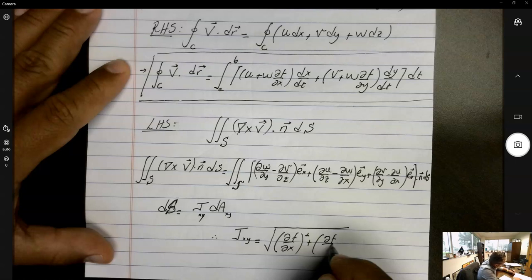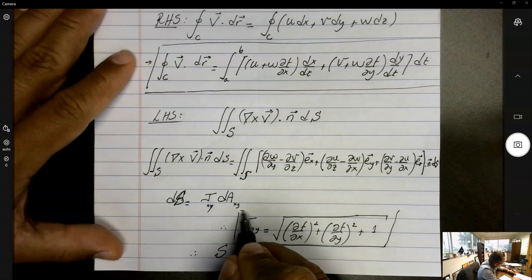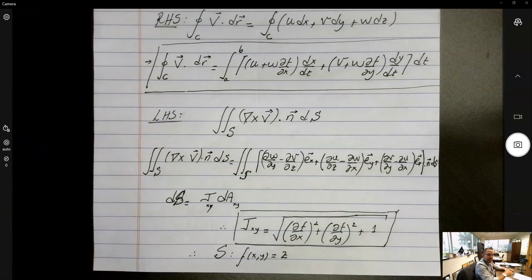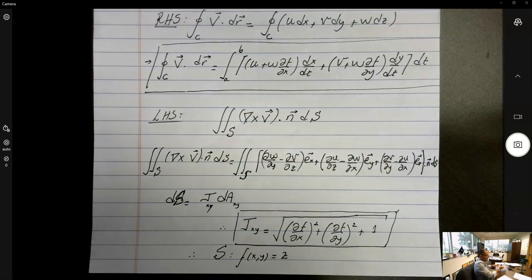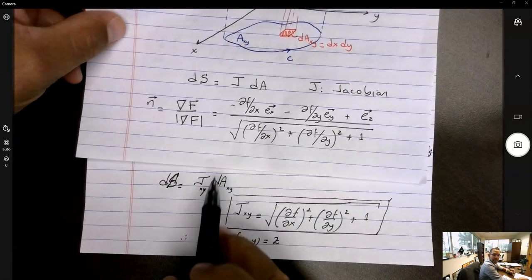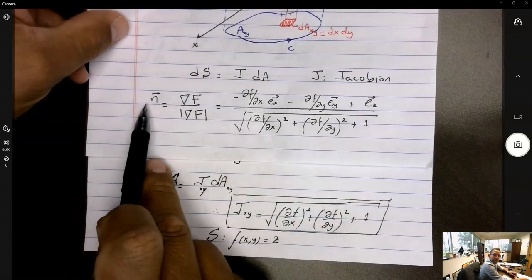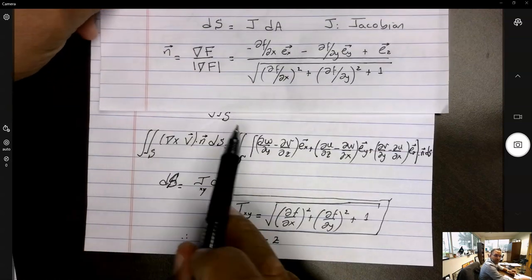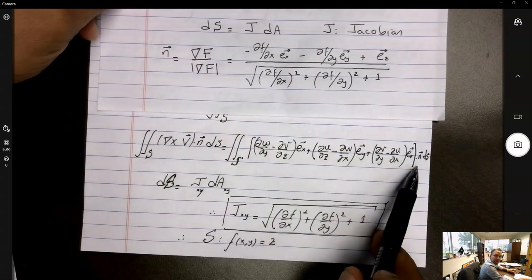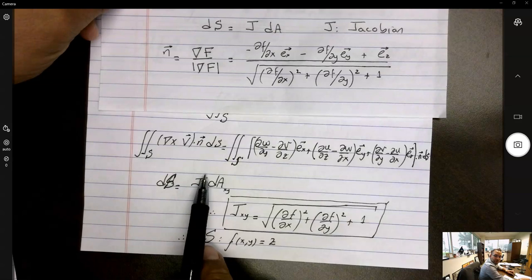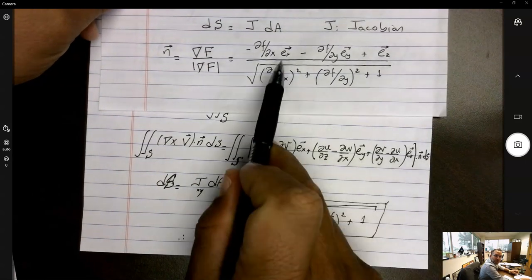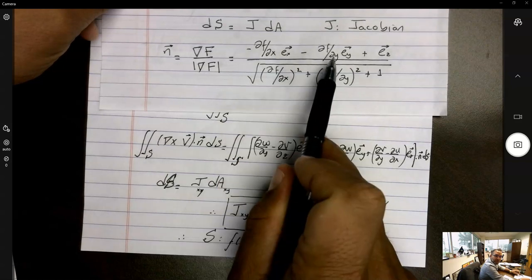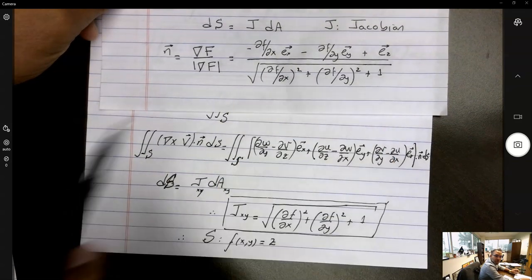Here's the Jacobian, and if you notice, the Jacobian is identical to the denominator of the normal vector. So we can replace this differential of surface with the Jacobian, which will actually cancel out with the denominator of the normal vector, and the normal vector will just simply be df dx and df dy in the x and y directions and 1 in the z direction.